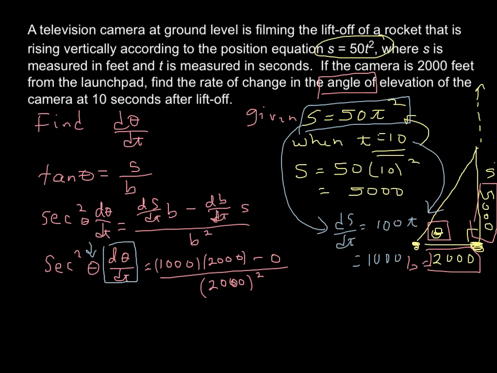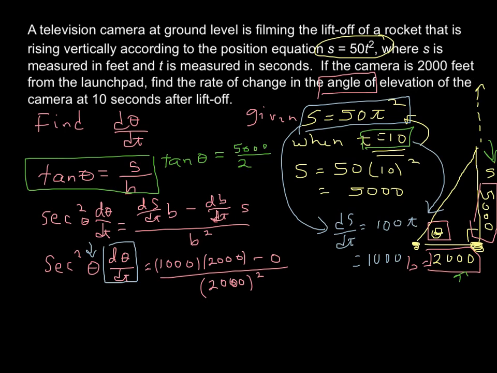So I know that tan theta, at the moment at which I'm trying to know what theta is, is when t is 10, so the height would be 5,000 and the base is 2,000, of course. So then that's going to be 5,000 over 2,000, which is 5 over 2. So theta is going to equal the tan inverse of 5 over 2.